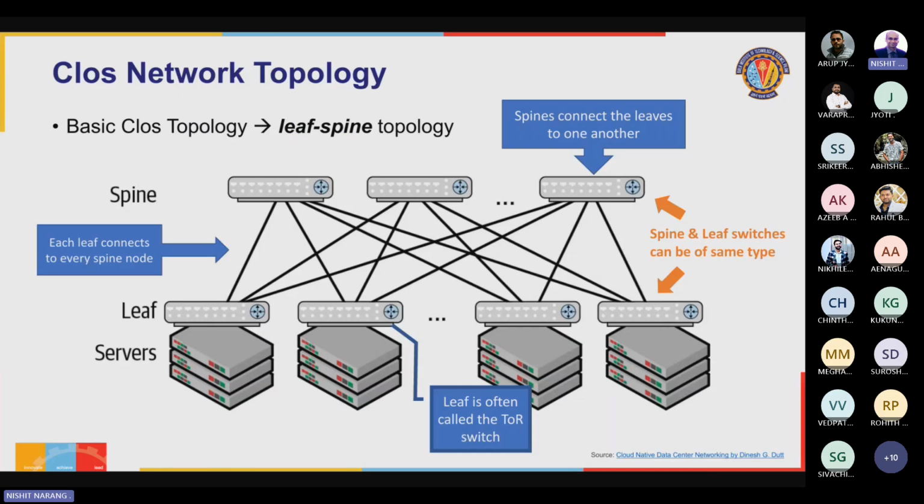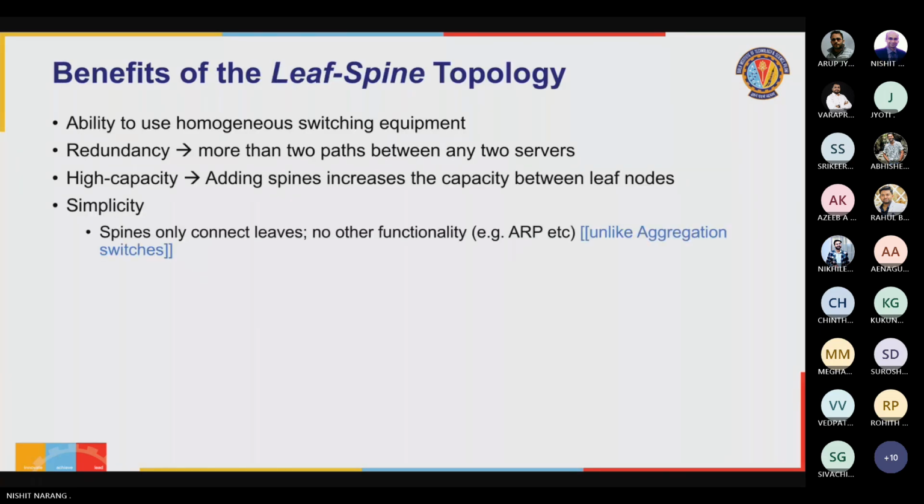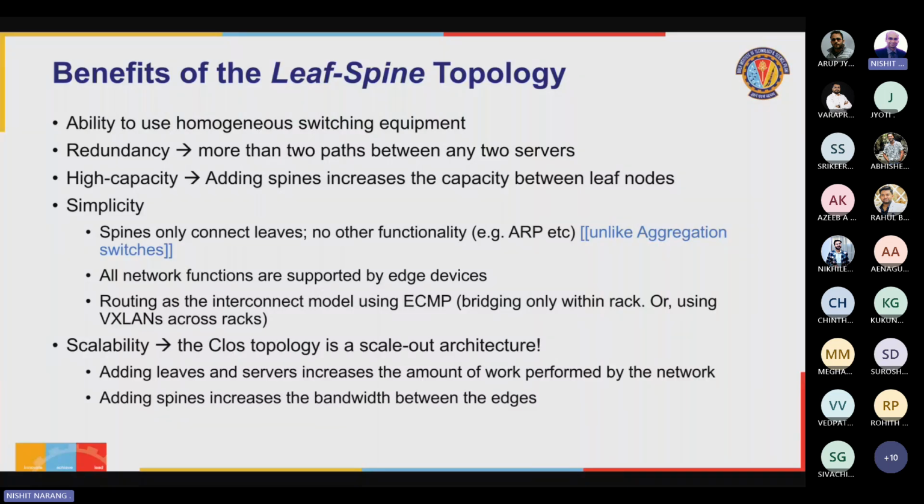So this is what we had discussed, and we also talked about the benefits of this leaf spine topology, where we noted that one of the biggest benefits comes from the use of homogeneous equipment. It's easier for a data center network administrator and infrastructure manager to manage a homogeneous set of equipment rather than having to deal with multiple different types of equipment as existed in the access aggregation core architecture.